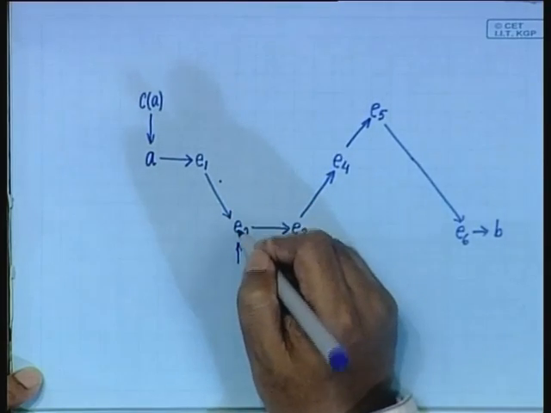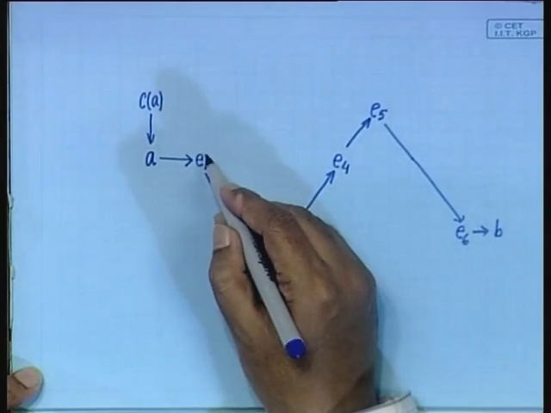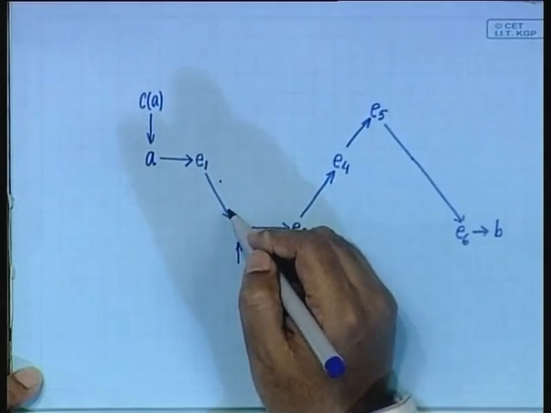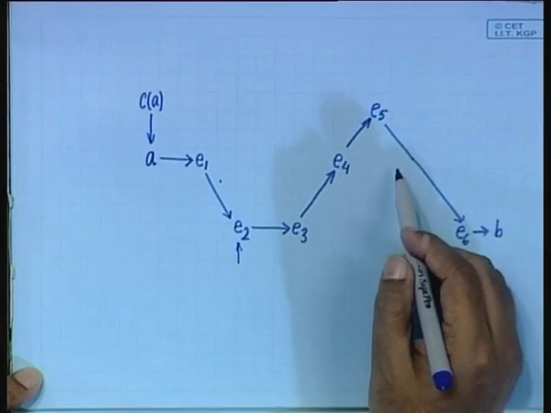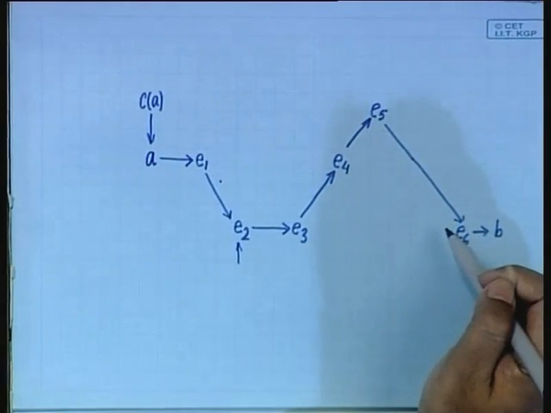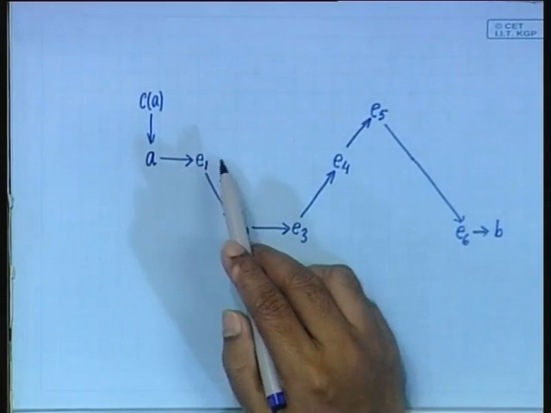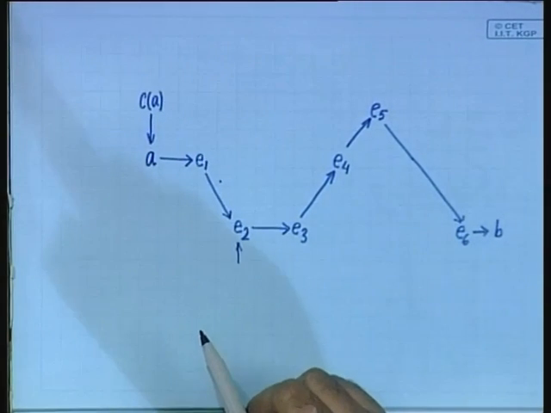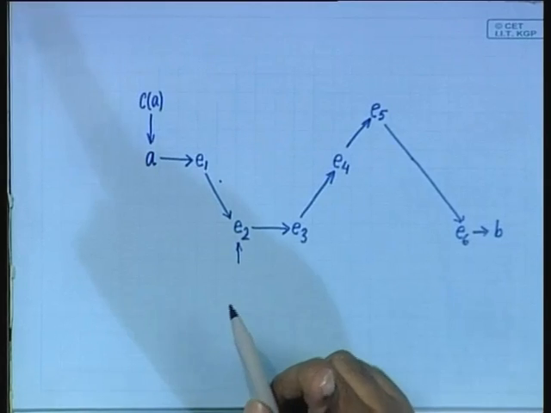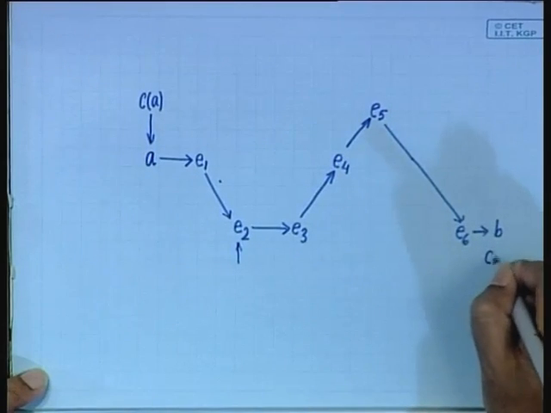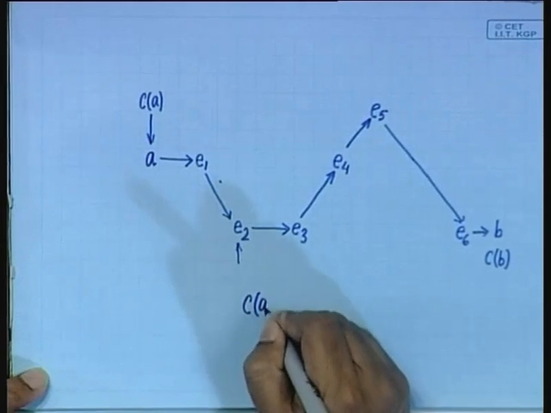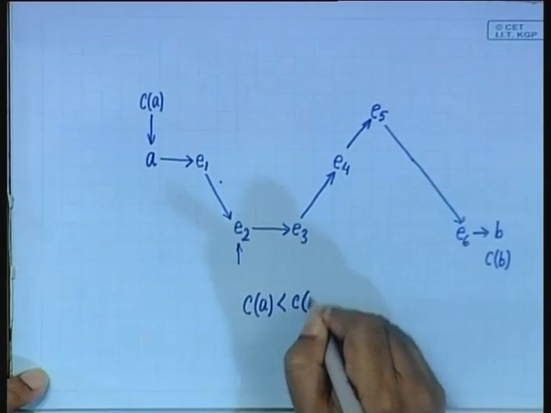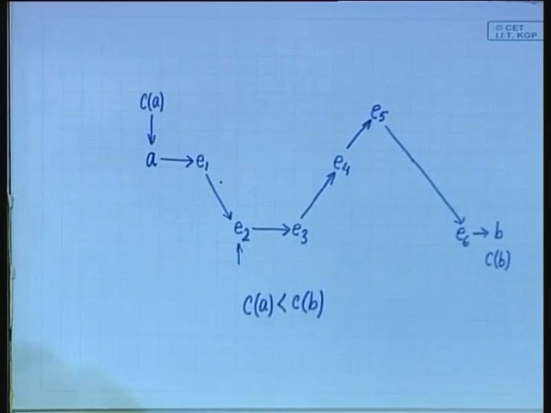So that will also be at least as large as this one plus 1, right. So on every edge of this chain, the timestamp is increasing at least by 1, right. So obviously whatever CB this one gets stamped with, we will always have CA strictly less than CB. Is that clear?